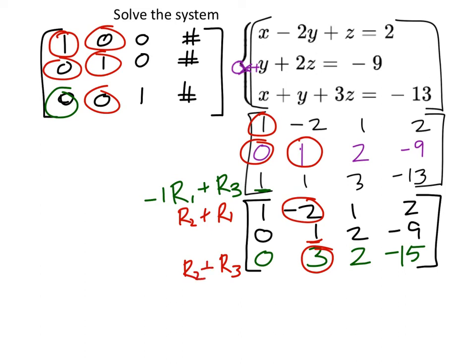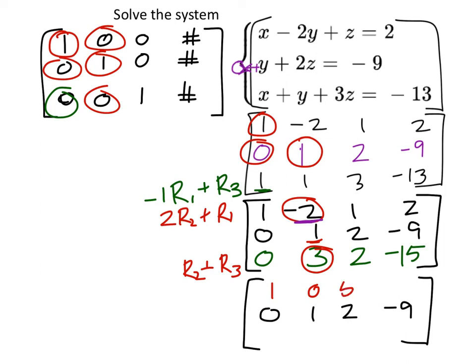So I'm going to make this -2 a 0 first by multiplying the second row by 2. Alright, so what does that do to the first row? I got a 1, a 0, and then 2 times the 2 plus 1, that's 5. 2 times -9, -18 plus 2, -16.